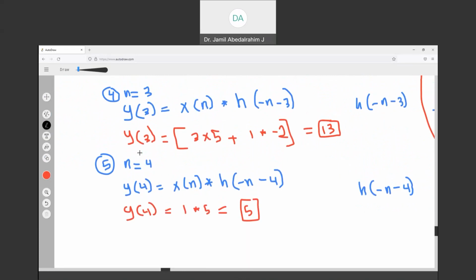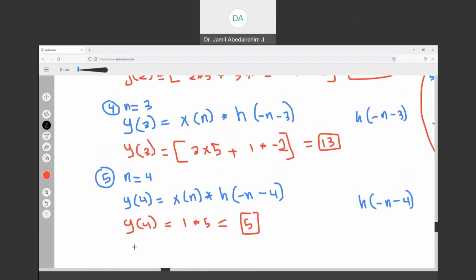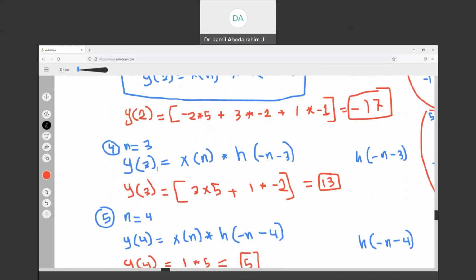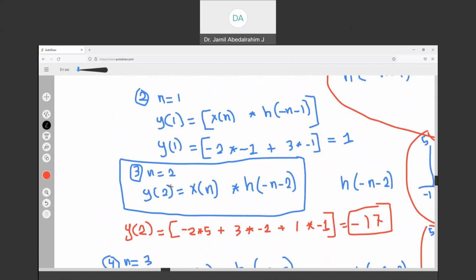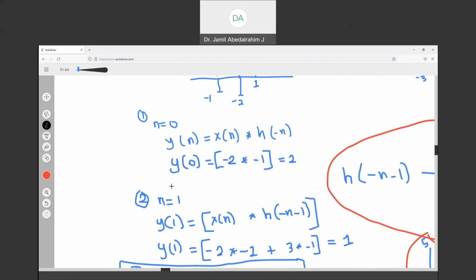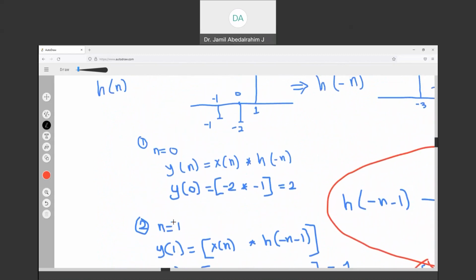Then the second, y of 3. Y of 2, 3 results. Y of 1, 4 results. And y of 0, 5 results. We got 5 numbers by shifting and multiplication.